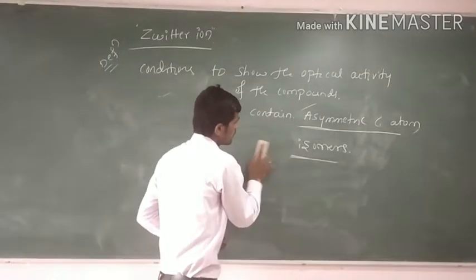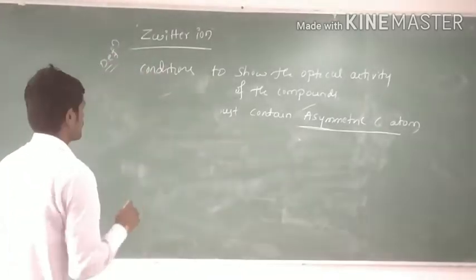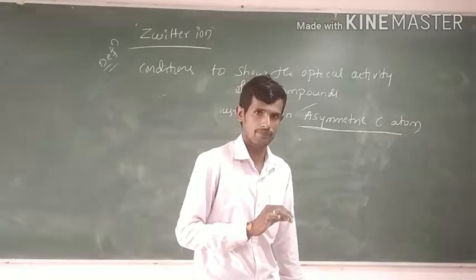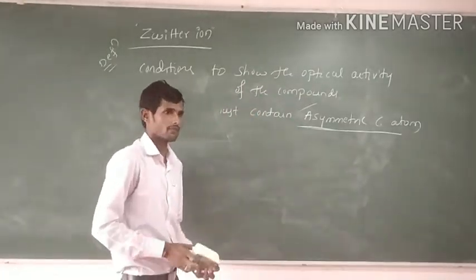And another very important concept related to Zwitter ion. In presence of Zwitter ion, amino acids show amphoteric nature. Remember this point.